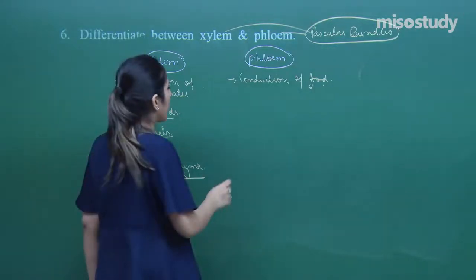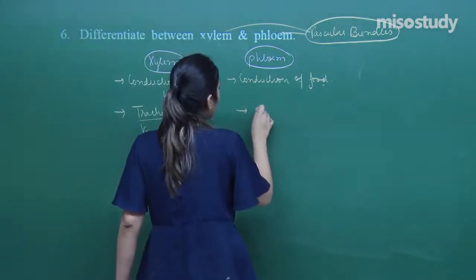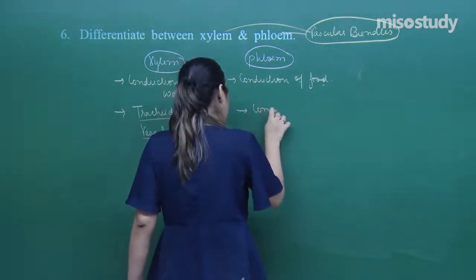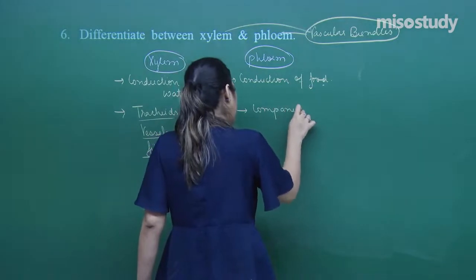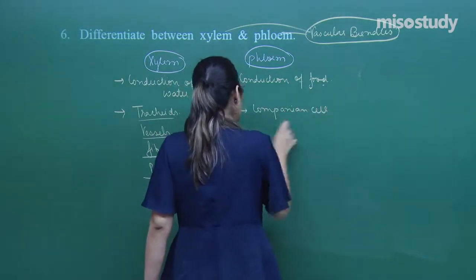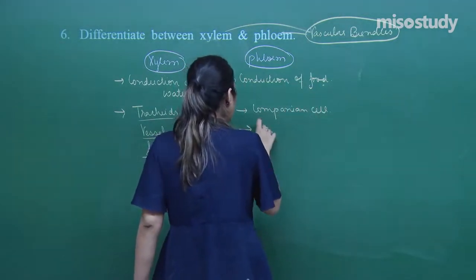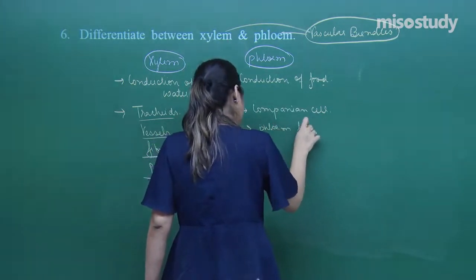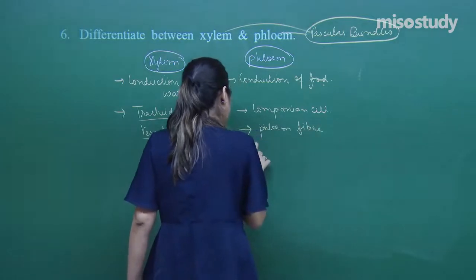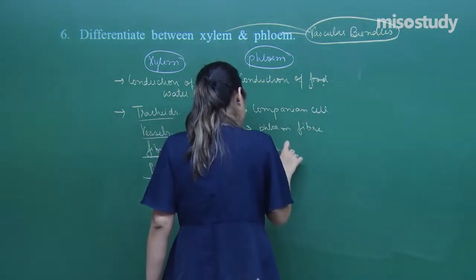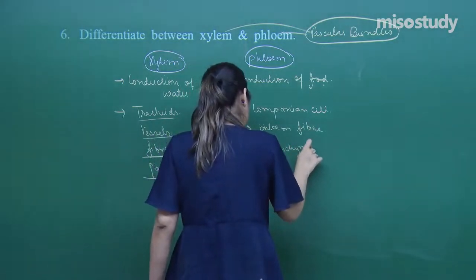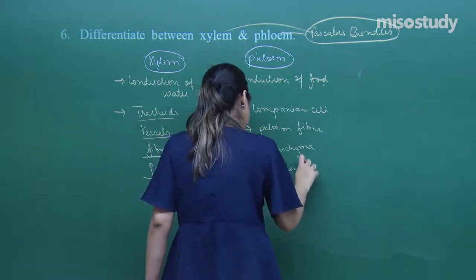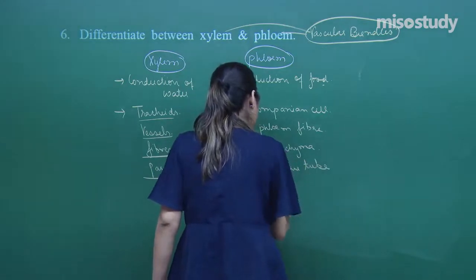Whereas the phloem is further made up of phloem fibers, companion cells, parenchyma cells, and last but very important, the presence of the sieve tube.